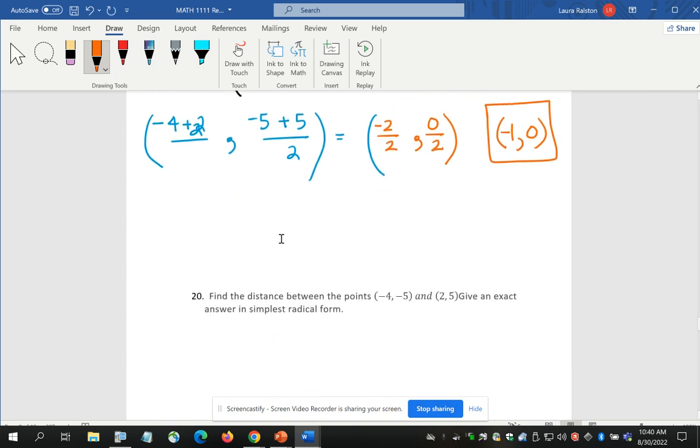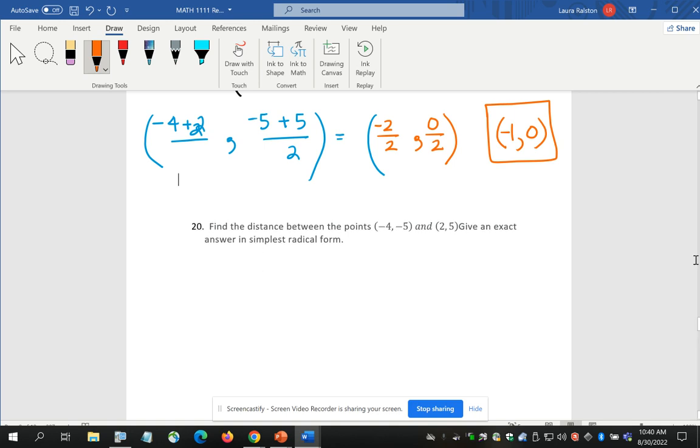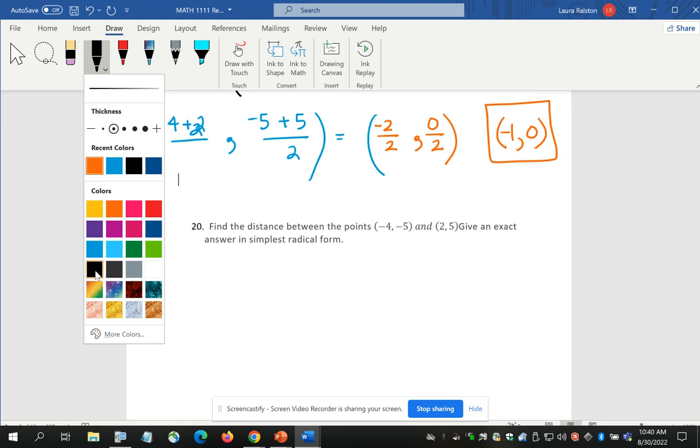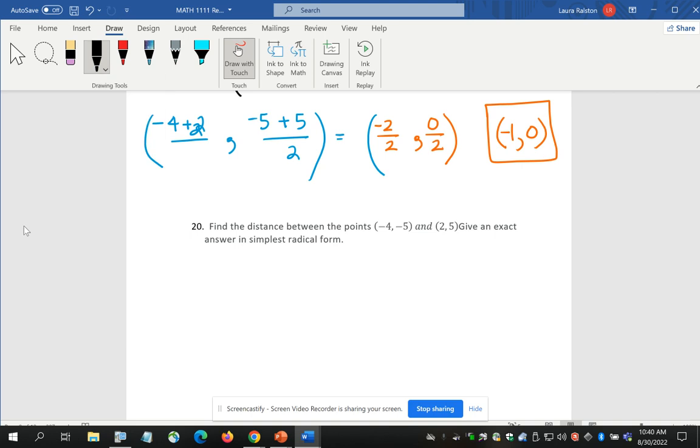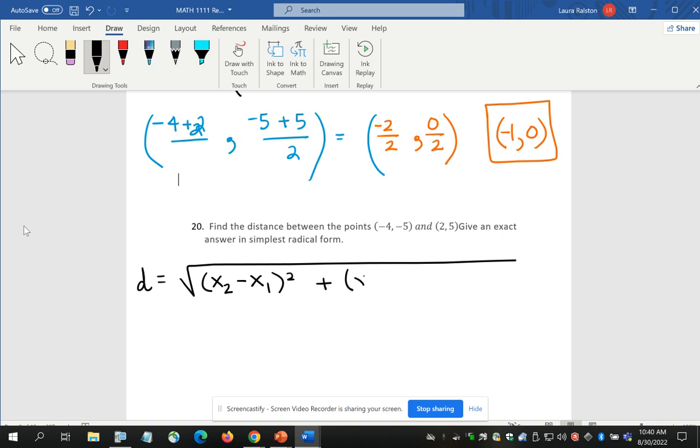The next question is a distance problem. Again, distance is going to be a flat out formula problem. So you have the distance is the square root of x2 minus x1 squared plus y2 minus y1 squared.